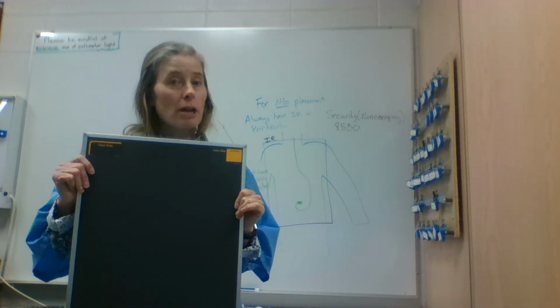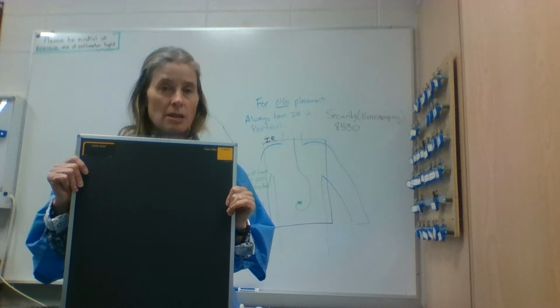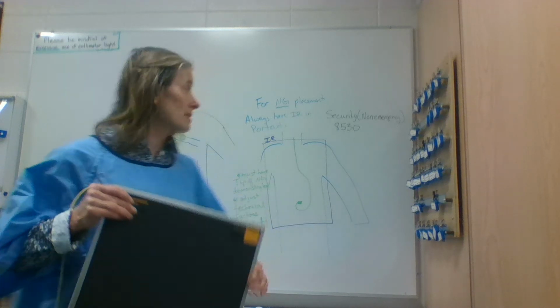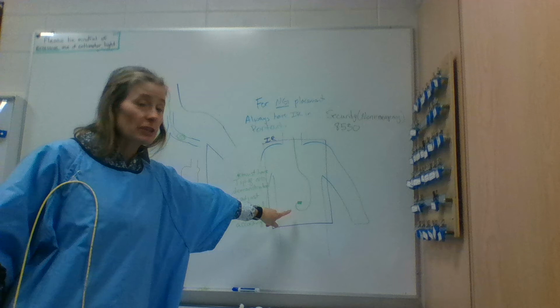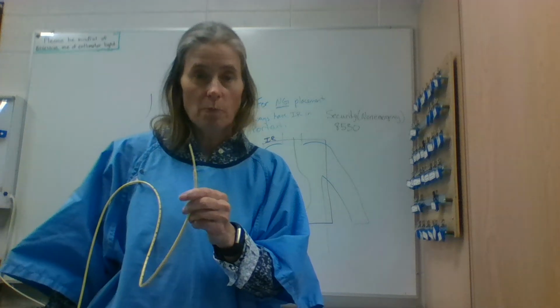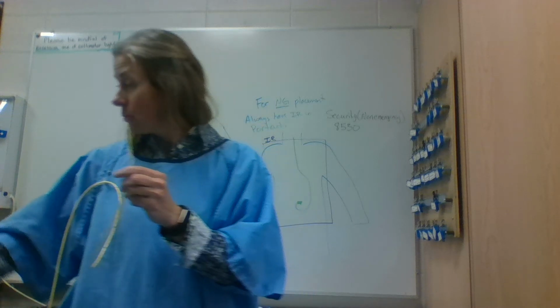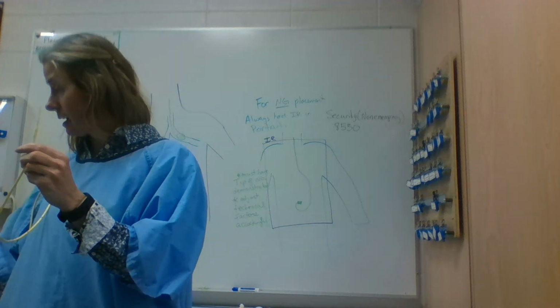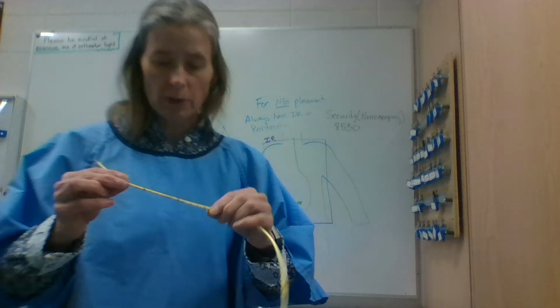We're not looking at the chest. So what we always need to do is include the very tip of the NG tube. Now, the very tip of the NG tube is radiopaque. If we examine this a little closer, we can also see that there are numbers, there are indicators.